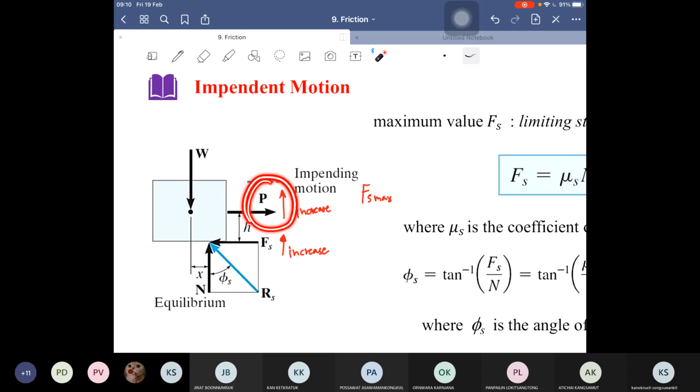Okay, when we apply the force P and increase it until it reaches the maximum friction force, this object will start to move. At this point, we will say that this system is in limiting static frictional force.